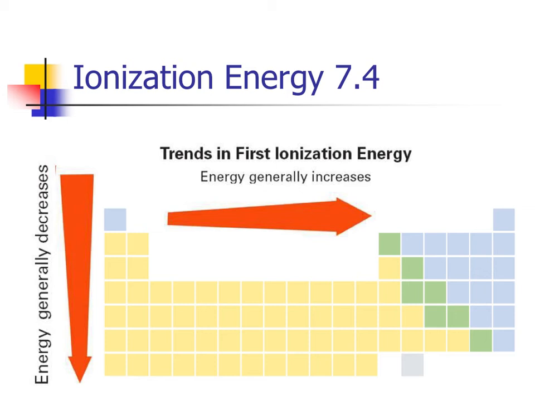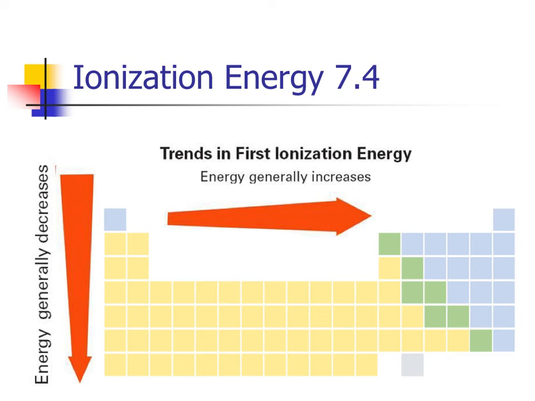So here's a graphical representation of that same information. It's just as we go down the periodic table, ionization energy gets smaller. As you go from left to right, the ionization energy increases, which is exactly, again, completely opposite of the atomic radius.